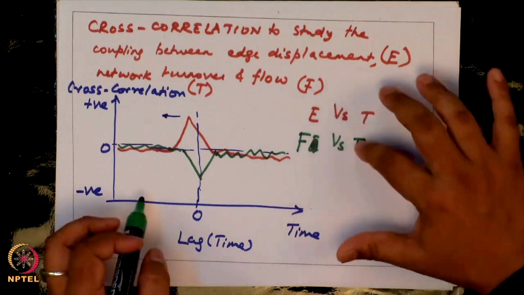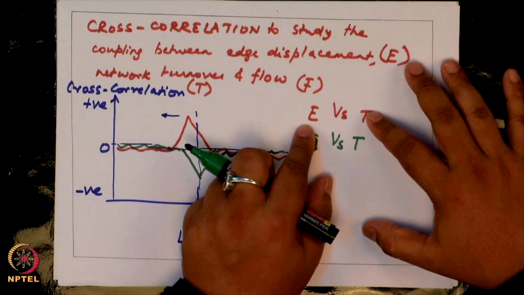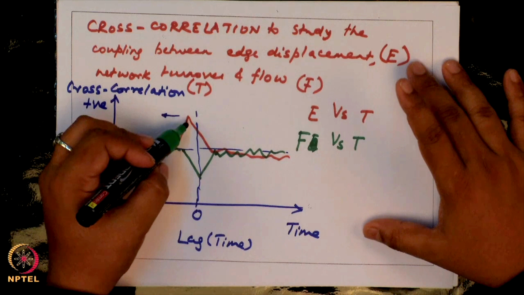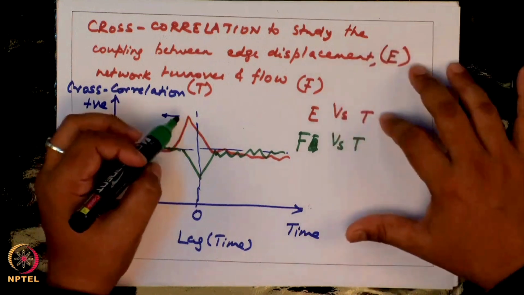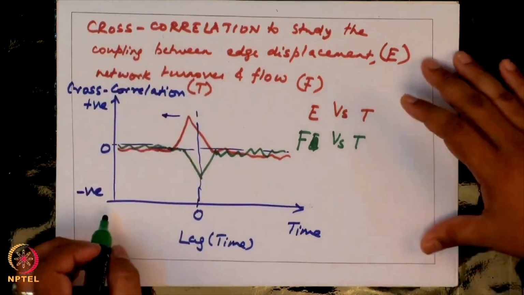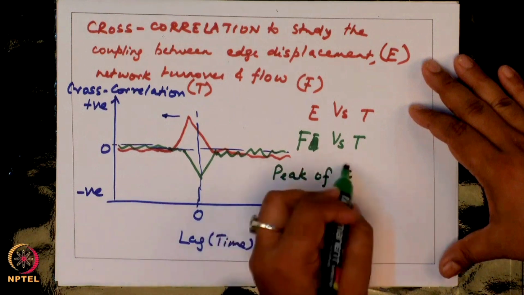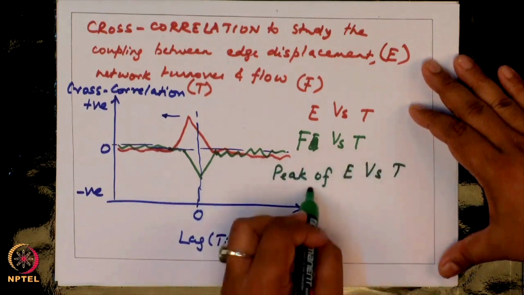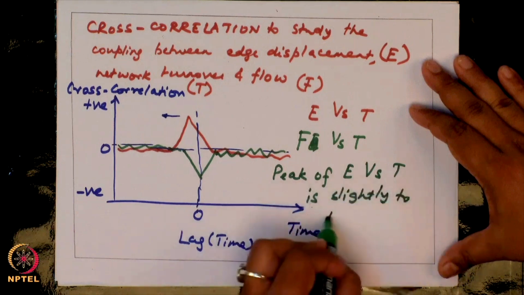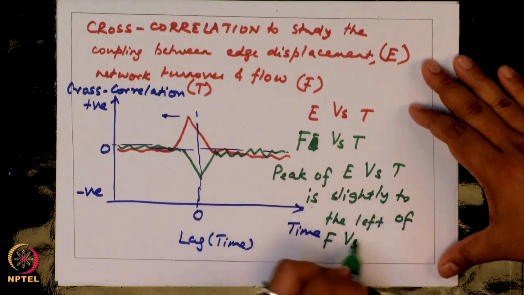So, F and turnover are negatively correlated, while E and turnover are positively correlated. What you also see is that the positive peak between E and turnover is slightly to the left of F versus T.